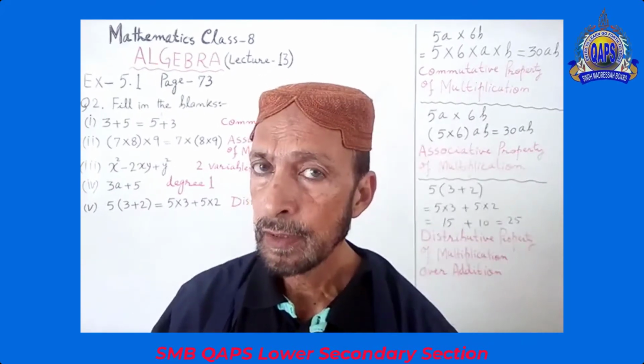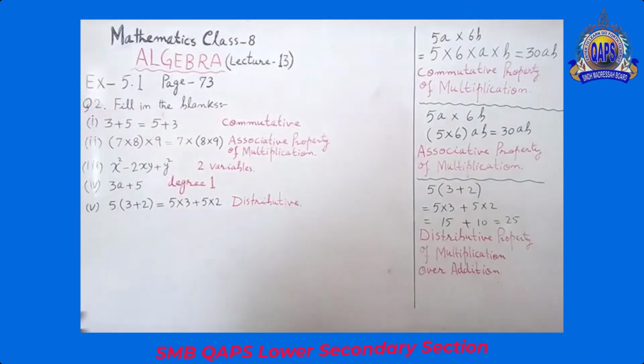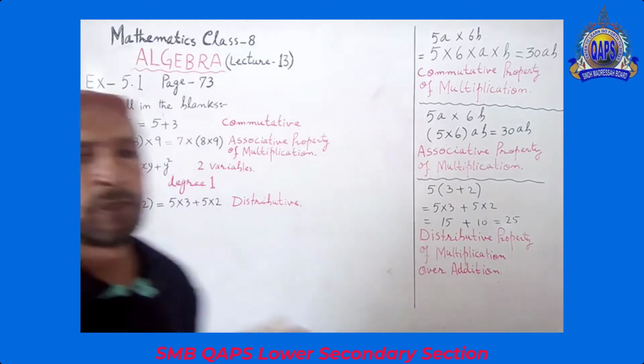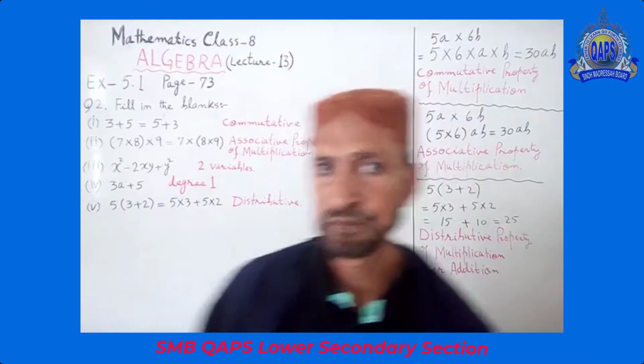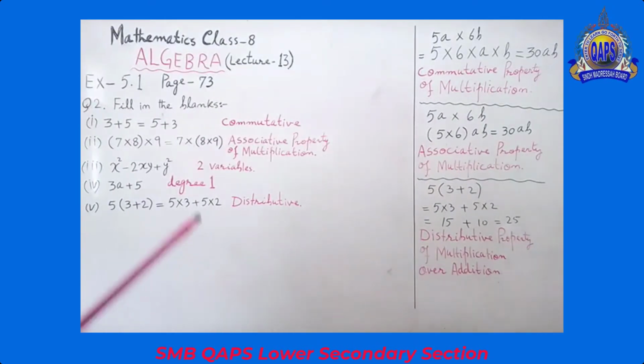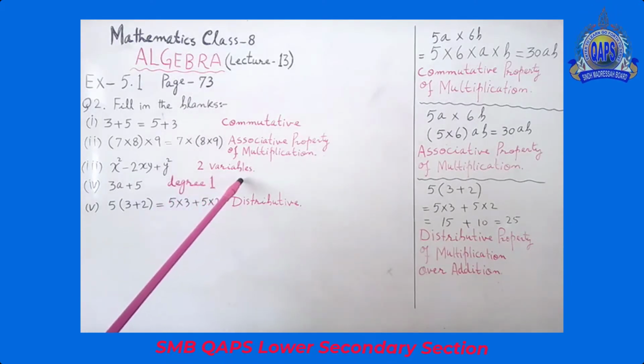I am telling you again, pay your attention. x power 2 means x multiplied by x. See? Over here, xy. So this is x, this is y, this is y into y. Only two variables, x and y. So the answer will be two variables.